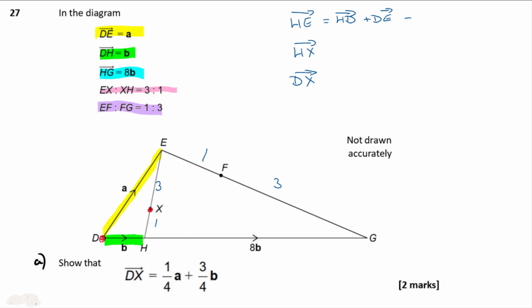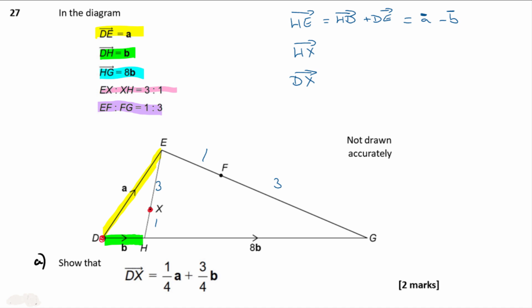Because it's minus B that is the H to D part, and then A is the D to E part. Now I can't draw bold, so I'm going to draw those with little hats on like that. Right, so I've done that one.